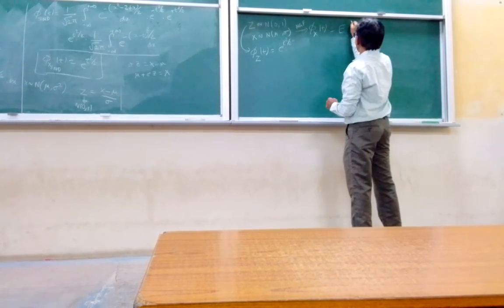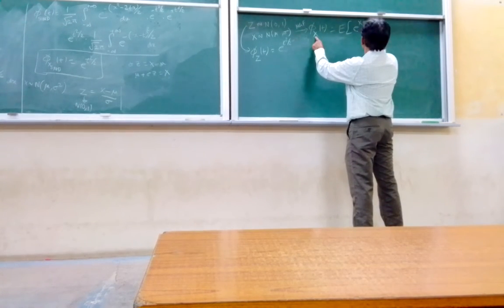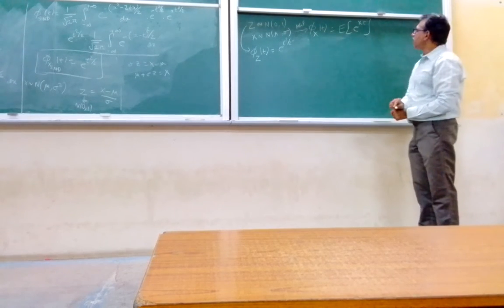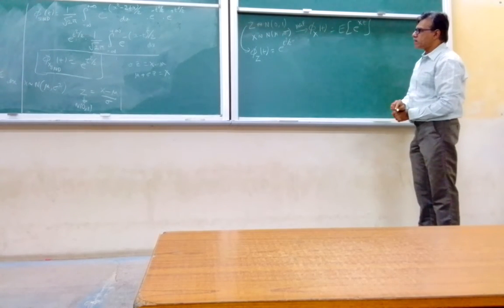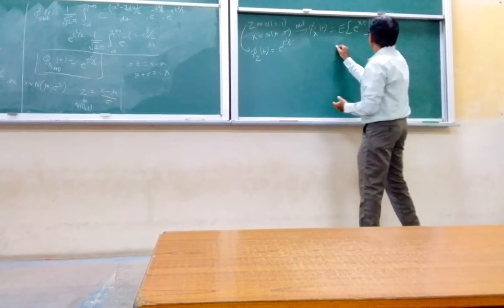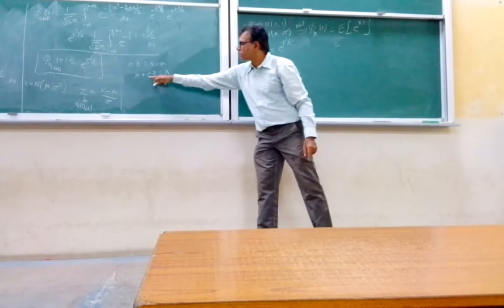That is the expectation of e power of xt. But how do I get it for z? x is related to z using this formula.